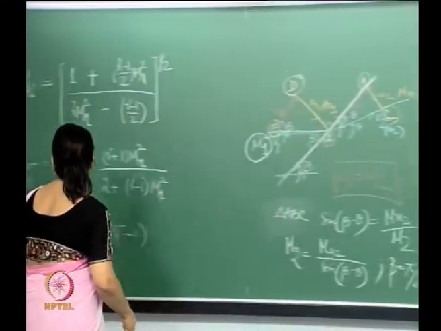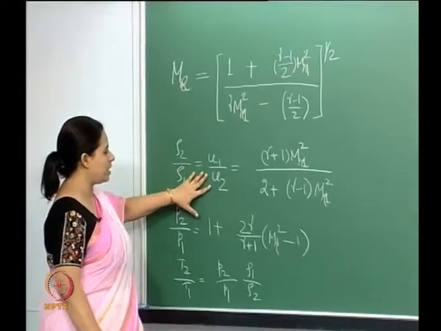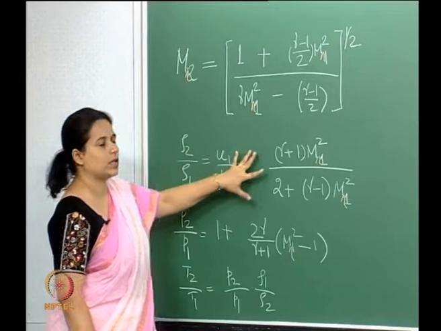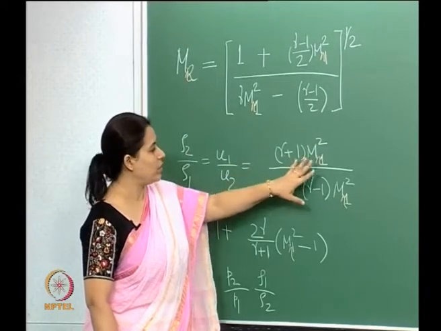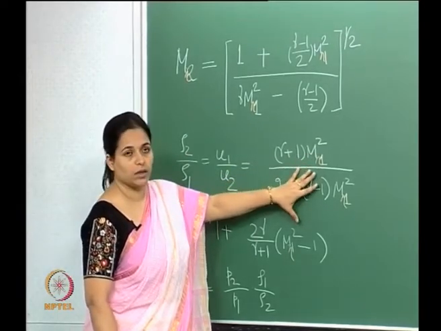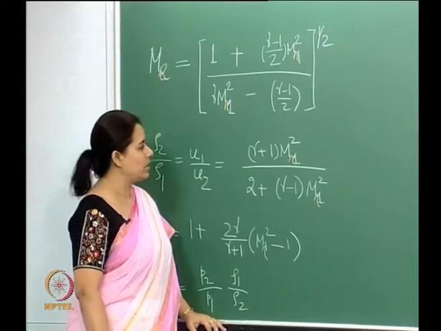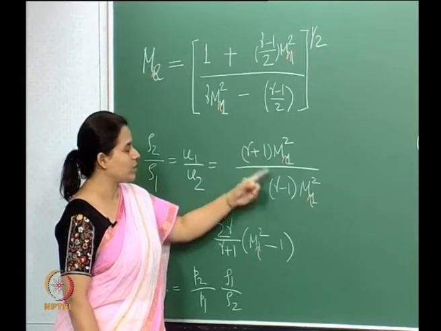Now, if we come over here, you can see we have an expression for U2 by U1 in terms of the normal component of the impinging Mach number. So I can relate that expression with this.